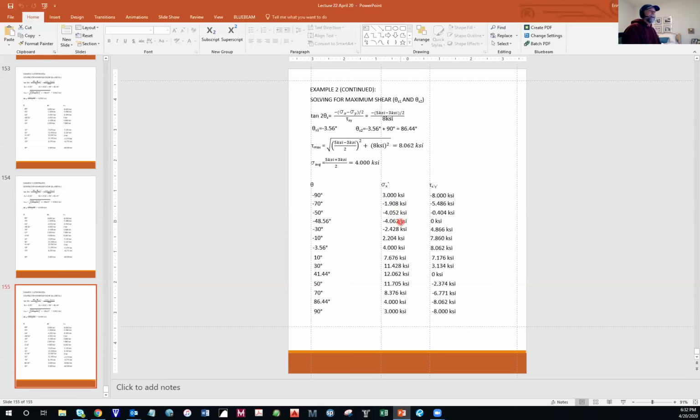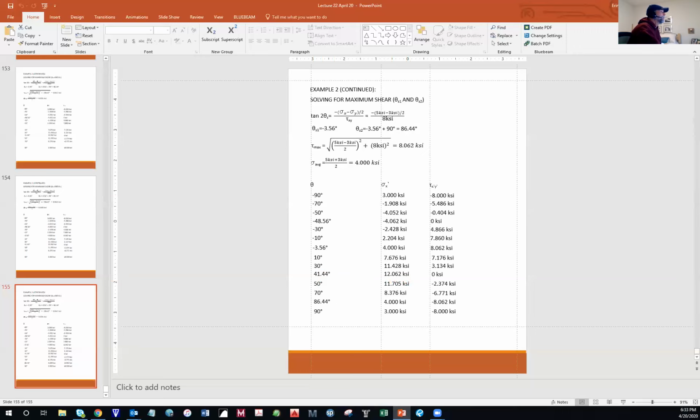And I say, great, I have no tension. This material is going to be just fine. But what's going to happen is the material always finds its own weak link. So it's going to find the rotation of the coordinate axes where the tensile stress is maximized. So the concrete is going to naturally find right there at 41.44 degrees this maximum tensile force of 12.062 KSI.